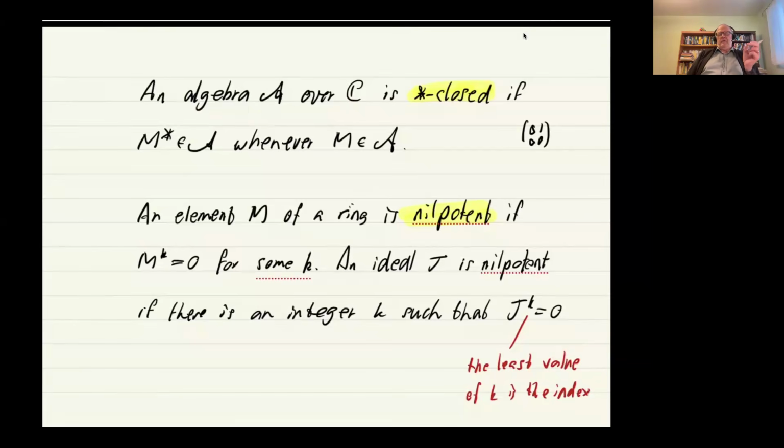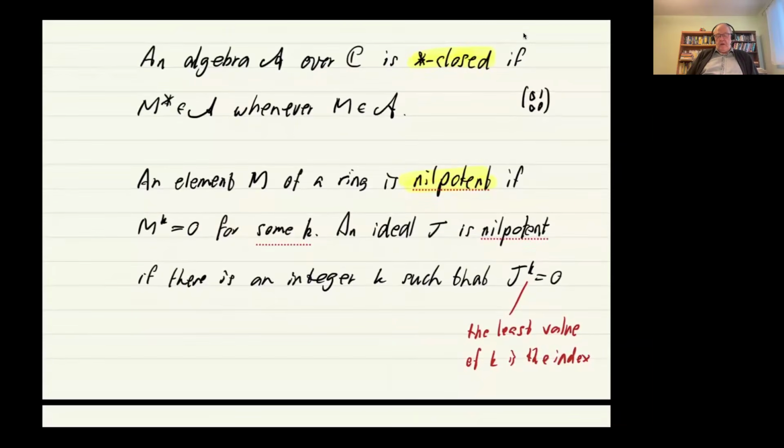And so this is the property we need to get things which we can diagonalize. As I said, it's not quite the most general thing, but this will do for what we need, since our algebras are nearly always going to be over the real or complex numbers. If you look at algebras over other fields, you may want to use a somewhat different definition. Well, you need to use a different concept.